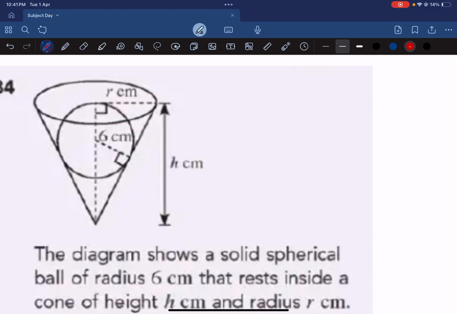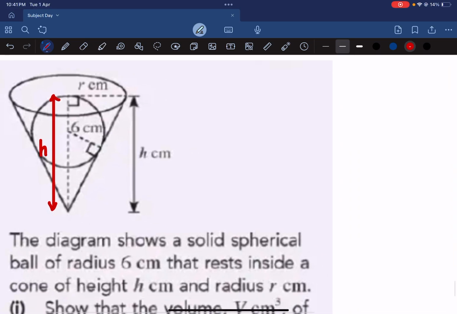By analyzing this, I know that this height over here, let's label it, is h. And the radius of this circle is 6 cm. You can see that I can spot a pair of similar triangles. This is a common angle.